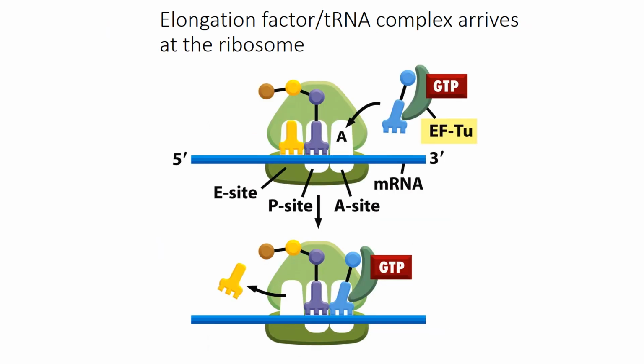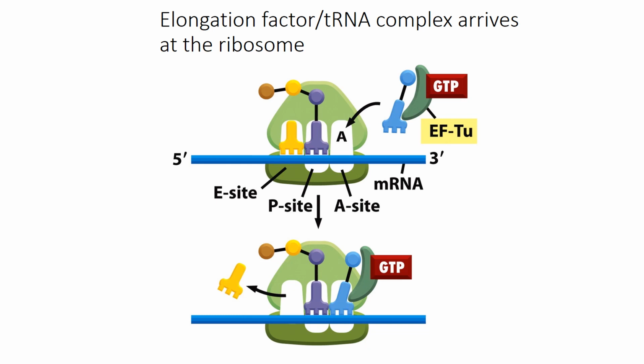As we have seen with the other machines, we always need some factors in order to initiate something, elongate something, terminate something. And here we have EF-Tu as the elongation factor for the ribosome. This then brings in the next tRNA.